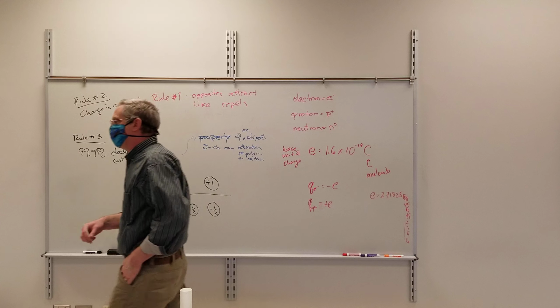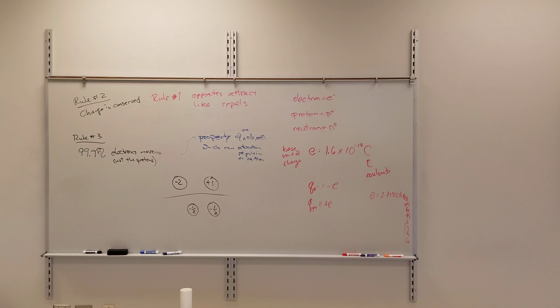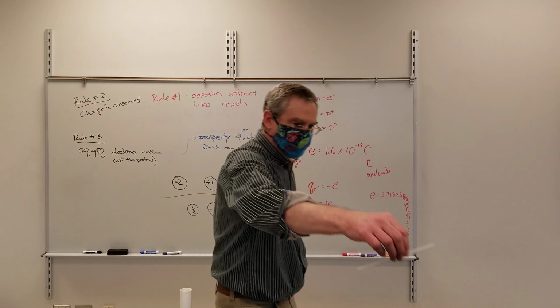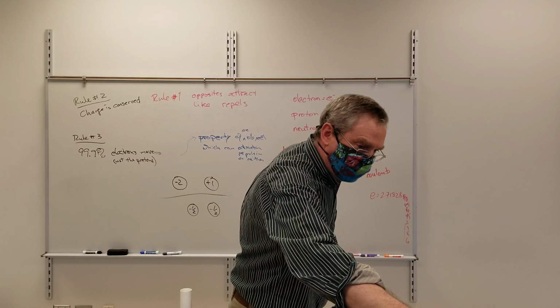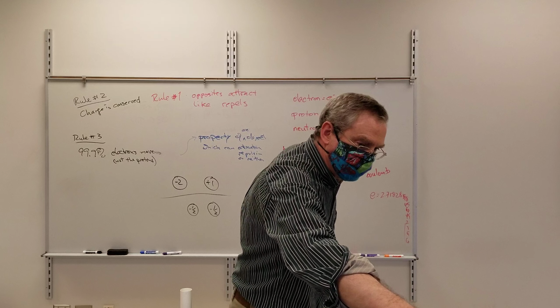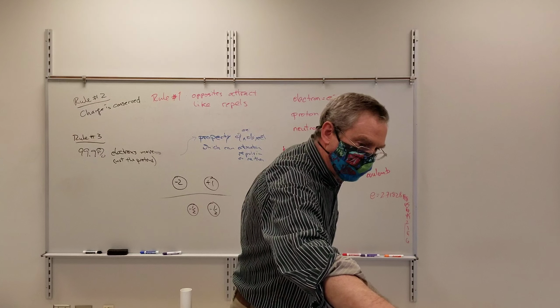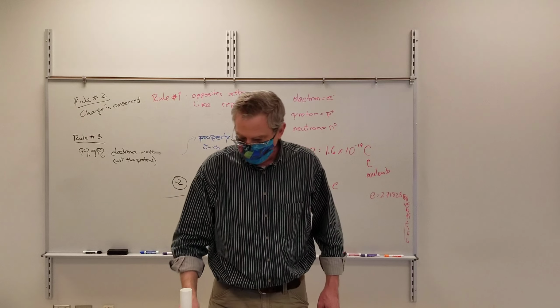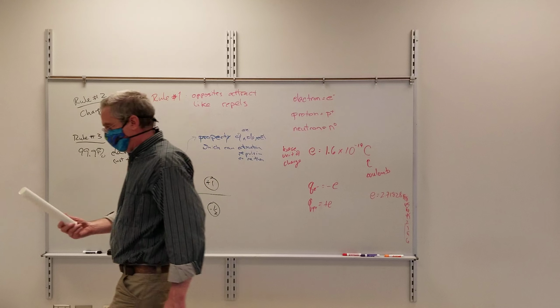So what would happen if we neutralize the straw? Fortunately, there's a metal sink here. I guess one advantage to this room. Now it's possible to pick up some trace amount of charge from me. That could have been some other force there. All right. Let's neutralize this.